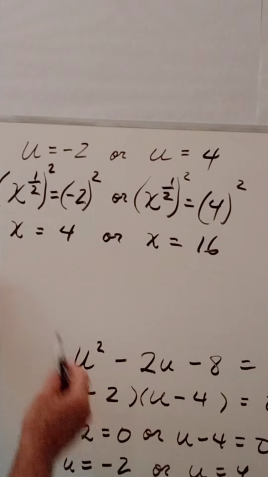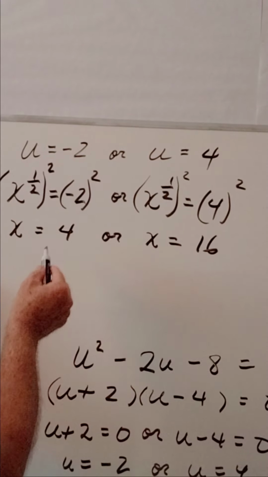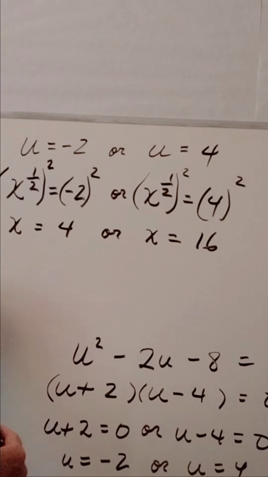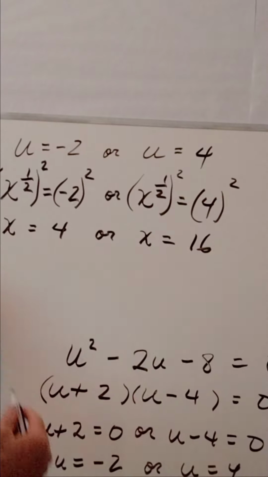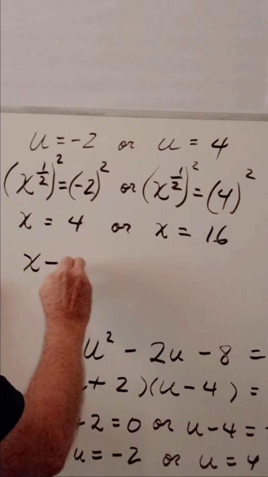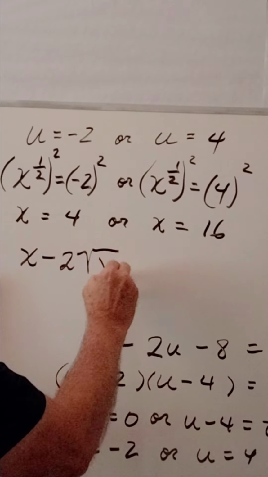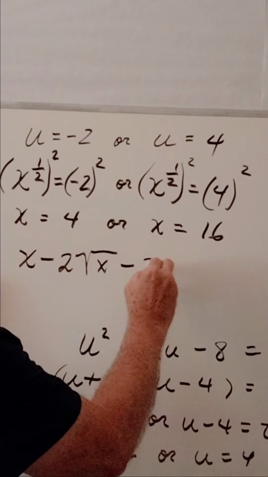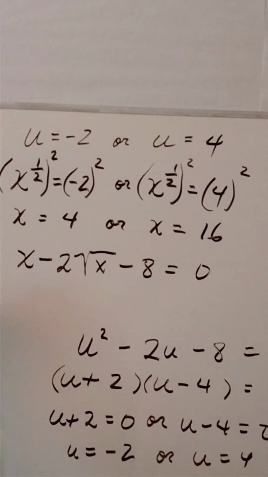If we were to substitute both of these numbers into the equation, I'll put that equation right here: x minus 2 root x minus 8 is equal to 0.